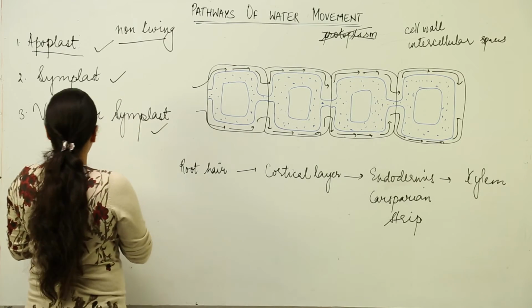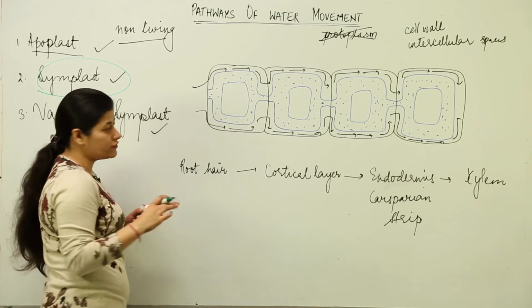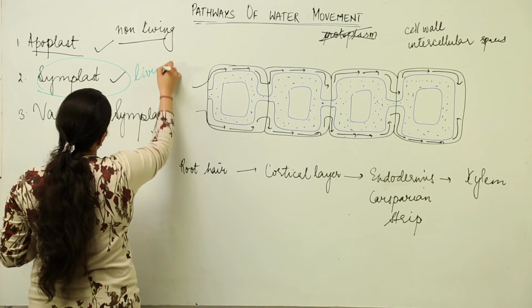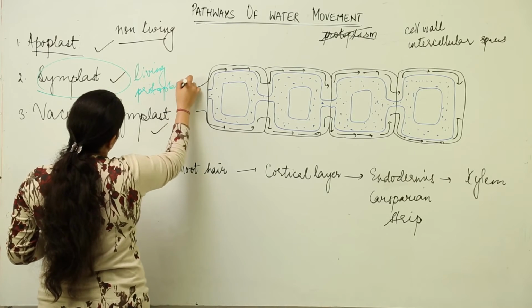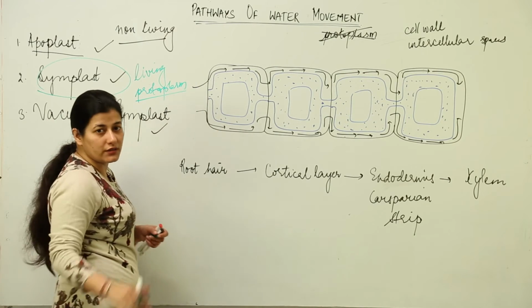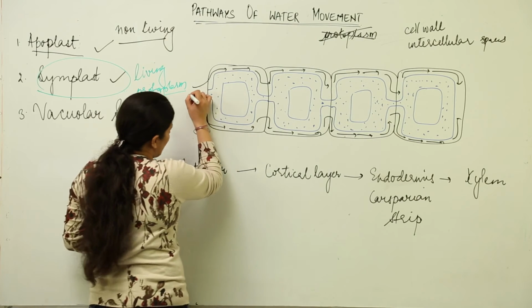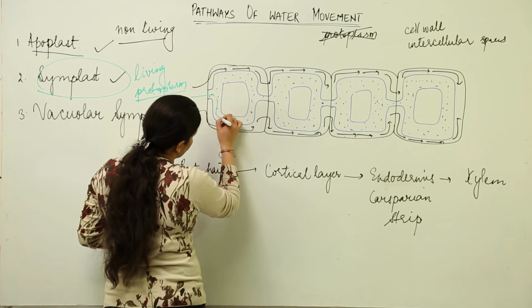The second one is symplast. Now in symplast, you have to remember that instead of non-living, it would involve living protoplasm through which the water is going to move. Now, when protoplasm is involved, the cell has a plasma membrane. So the water would pass through the plasma membrane. The plasmodesmatal connections would be taken care of.